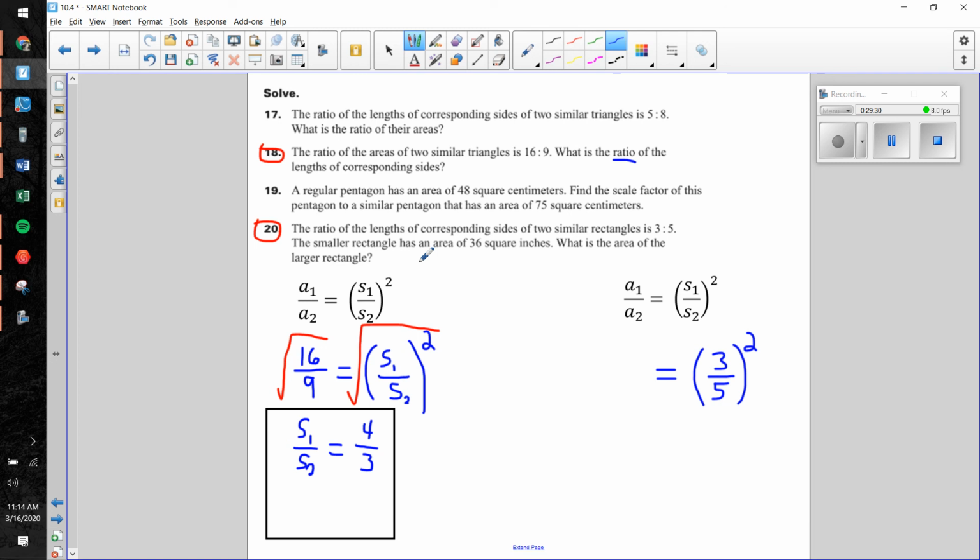The smaller rectangle has an area of 36. Now, since 3 is smaller than 5, we know that the figure number 1 that we're talking about on the top is the smaller one, and they tell us that its area is 36 square inches. We do not know the area of the second figure, so we're going to call that one just A2.